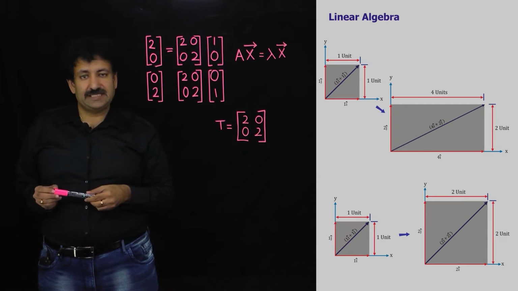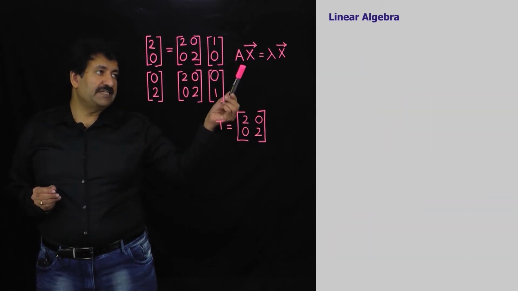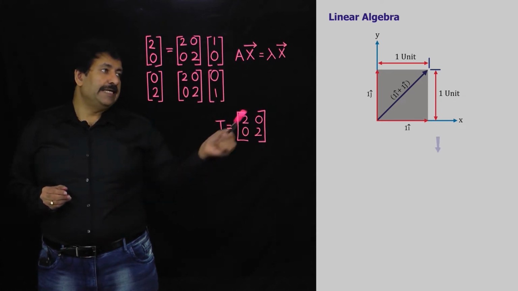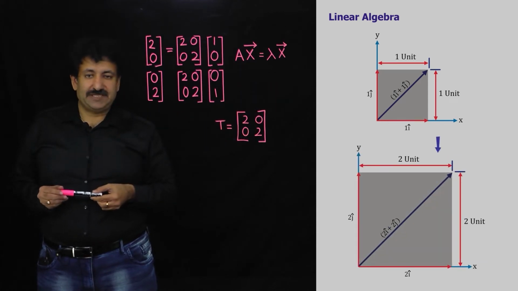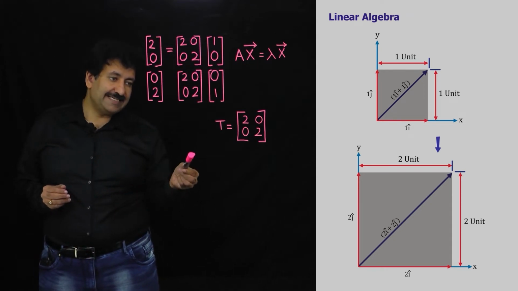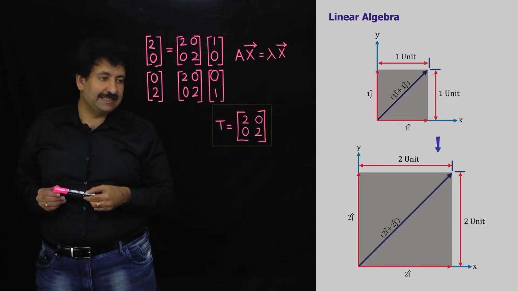Now the first transformation that I am going to attempt is the transformation of the given square space defined by two vectors into a bigger square space. Now the transformation matrix, in order to facilitate that transformation, is given by this particular matrix.